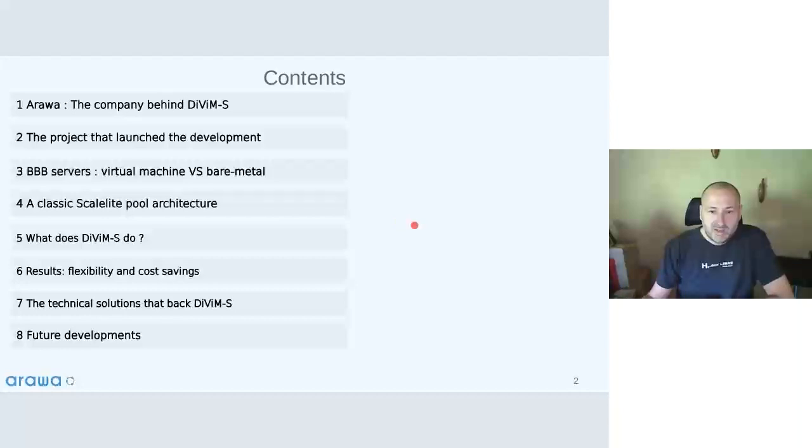Then I will present a classic Scaleway pool architecture. And then I come to what really interests us today: DiViM-S, what it does. I'll show you the results because DiViM-S has been in production for about 2 years now. And I will talk to you about the technical solutions that back DiViM-S, and we'll see future developments at the end.